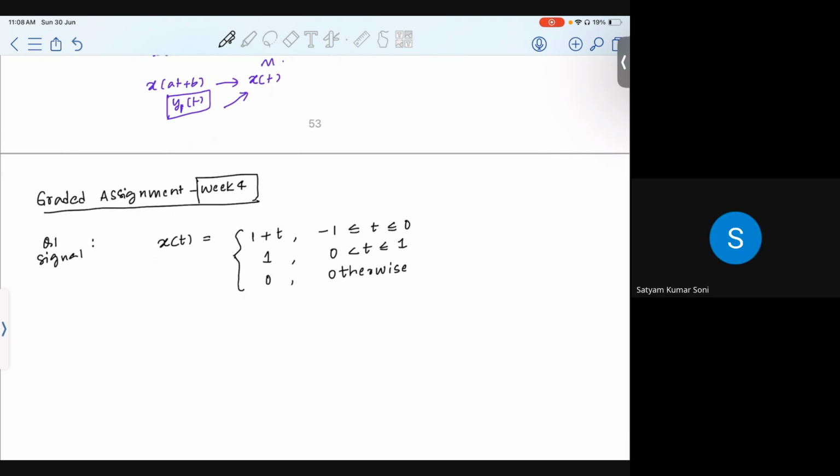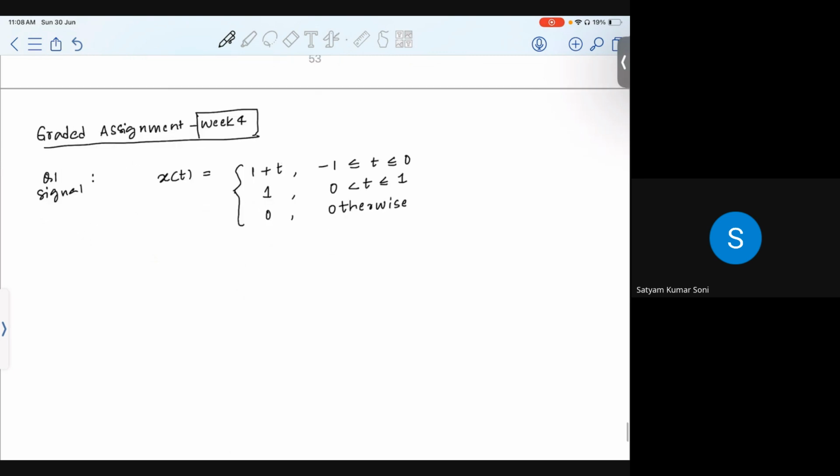Any other questions? Ma'am, in the week 4 graded assignment, last question, it is given x of t, but in the signal it is given x1 of t. Okay, aha, that is an error from our side. That's a correction. So week 4, question 10, the signal plot should have been for x of t.